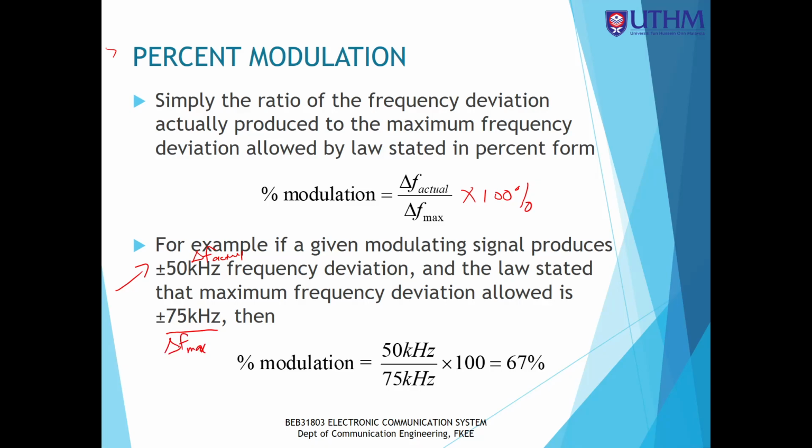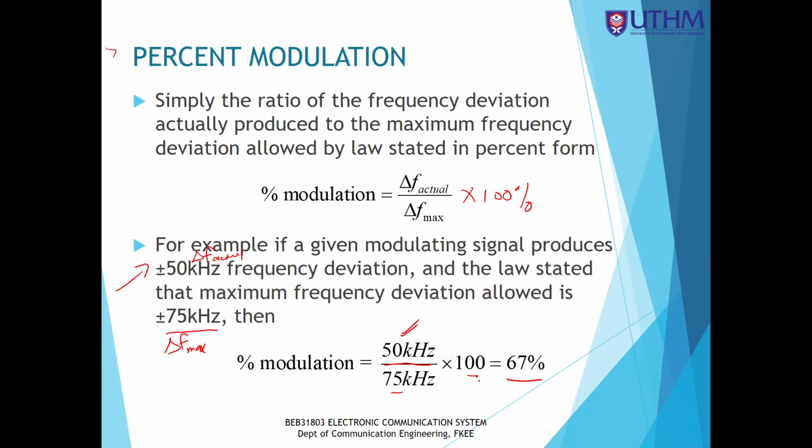Then the percent modulation is equal to delta F actual divided by delta F max defined by the standard, multiplied with 100%, so you're gonna get around 67%.